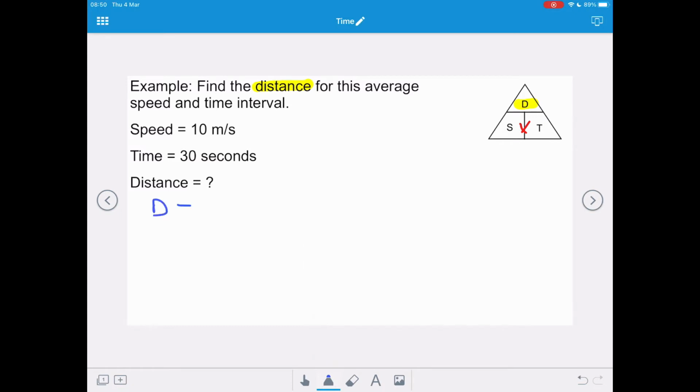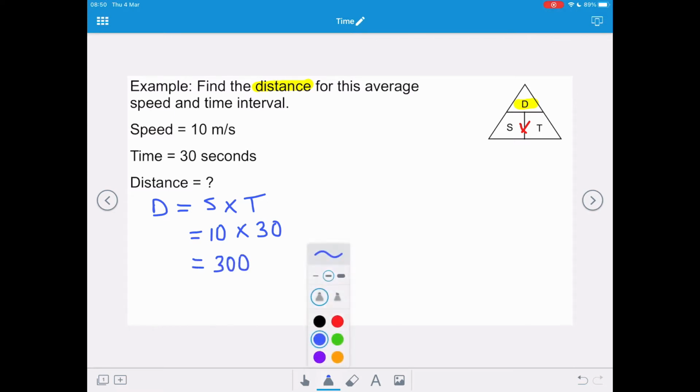So we're going to write the formula d equals s multiplied by t, and then we're going to substitute in our numbers. We've got a speed of 10 meters per second, and a time of 30 seconds, and if we multiply them together, that gives us 300, and we need to make sure that we choose the correct unit, and the unit is meters because it's meters per second for the speed, so our answer is 300 meters.